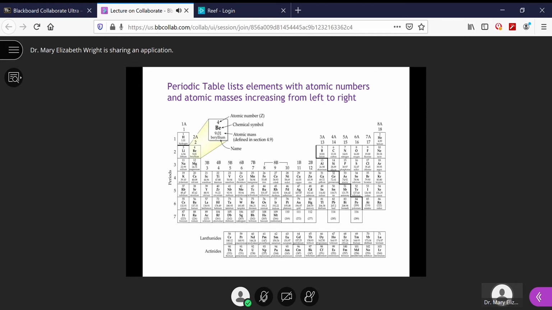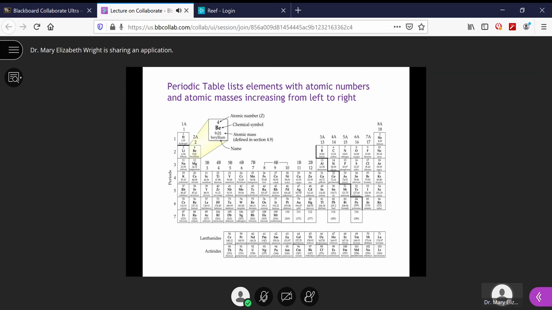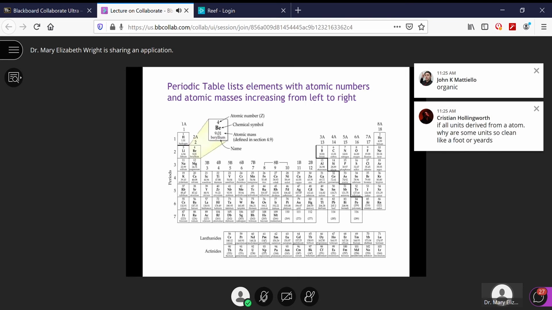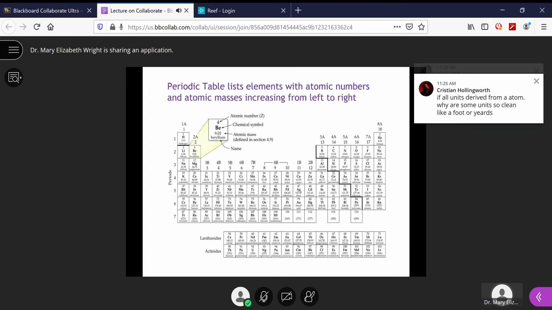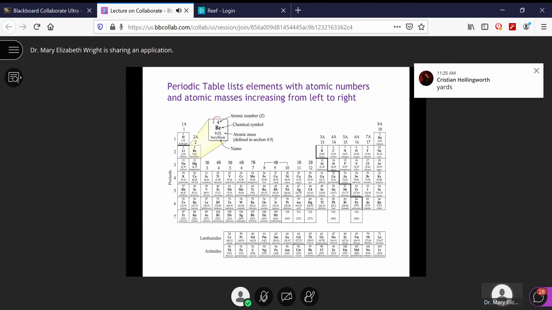Let's say one of the goals of this course is for you to know how to use it, understand it, read it. So atomic number is what? It's the number of protons. And we can look at the periodic table and always identify the number of protons in any given element by just reading it.